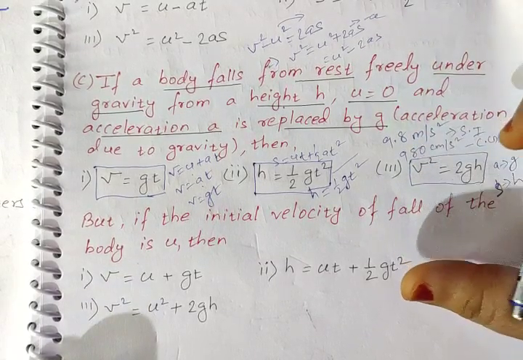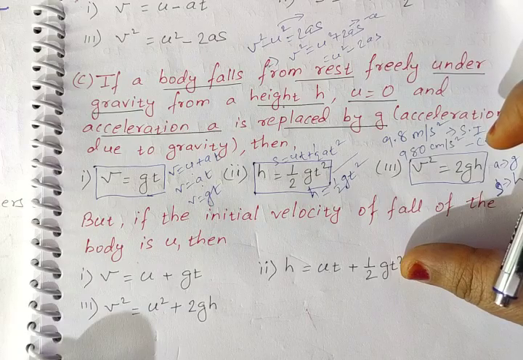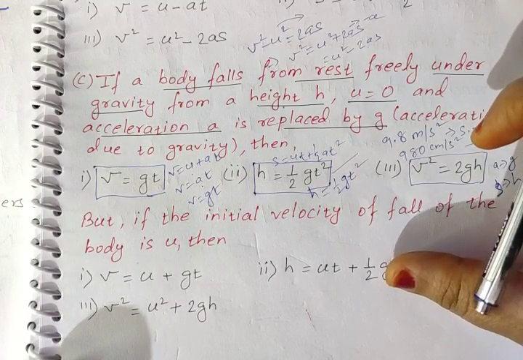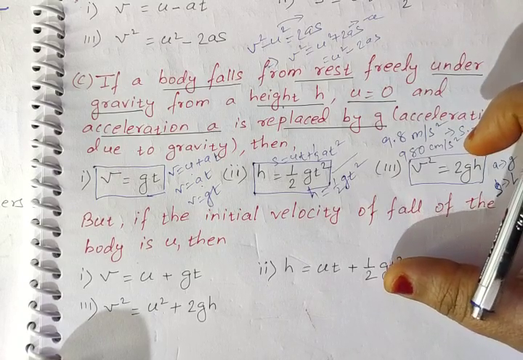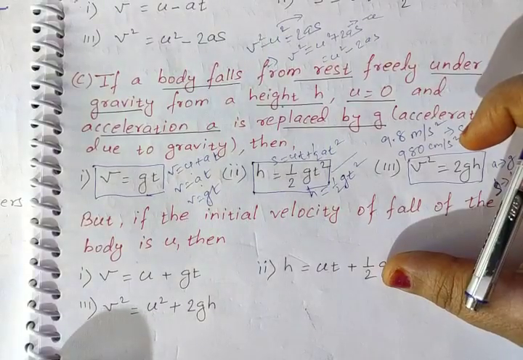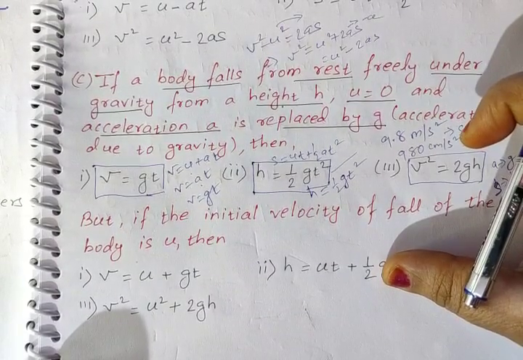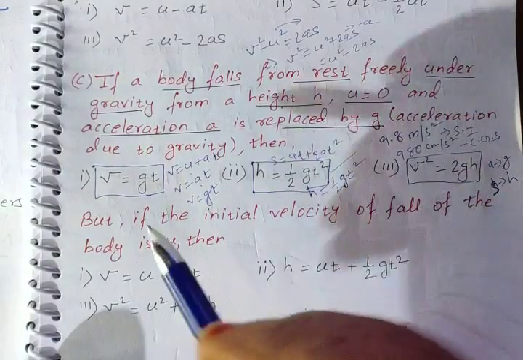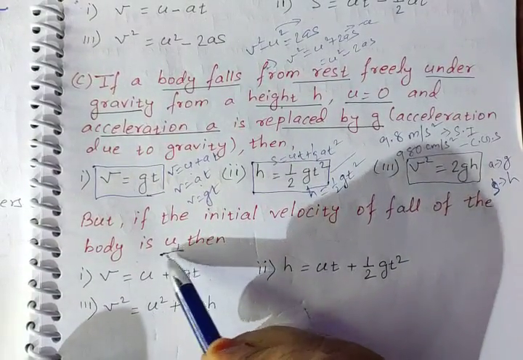But here the body is not falling from rest. In the second case, its initial velocity is given as u. There is some initial velocity, so we will take the initial velocity as u.